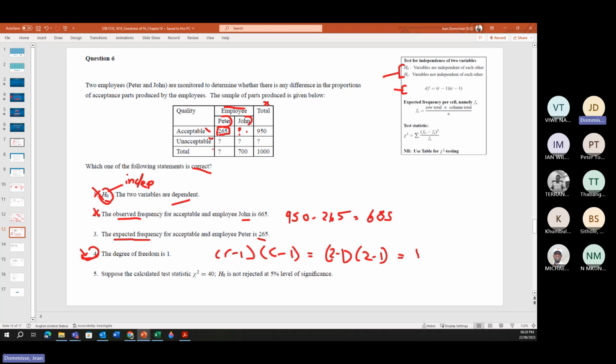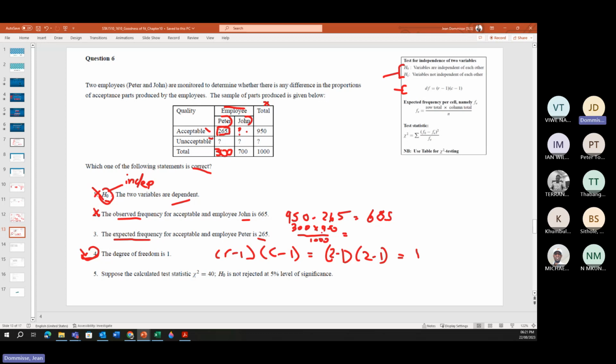So let's quickly, that total should be 300 because again 1000 minus 700 gives you 300. So to work out that Peter and acceptable, we've got the 300 total times the 950 total. Remember that it is row total times column total, divided by the total sample of 1000.